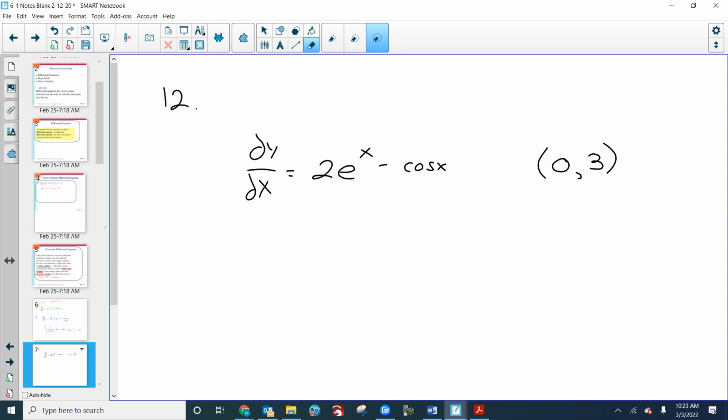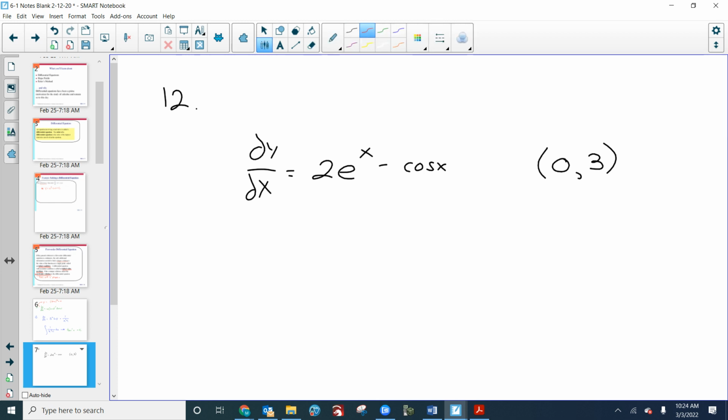The directions would say solve the initial value problem explicitly. So what that means is find the value for C, plug it back in, give me the exact particular solution, not just the family of functions with the plus C in it. Solve for C as well.